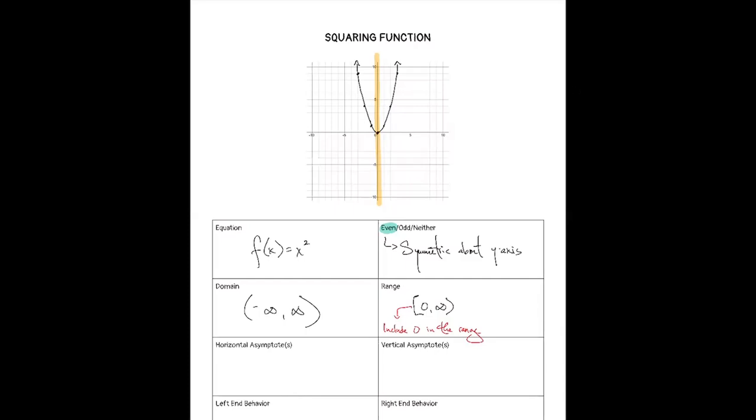Yeah, input being the X and then output being the Y values. And domain is left to right and range is bottom to top.